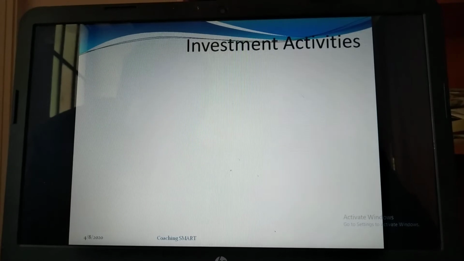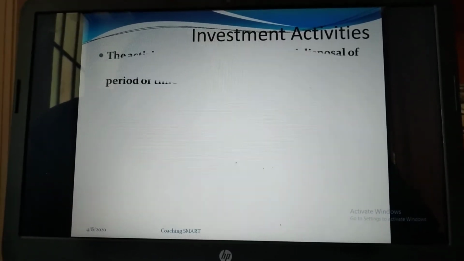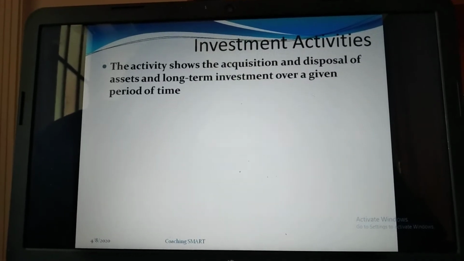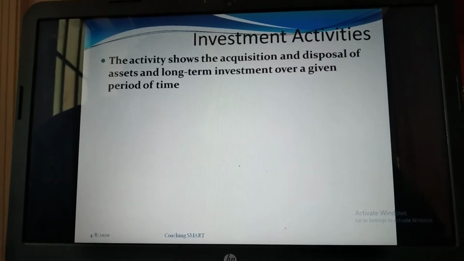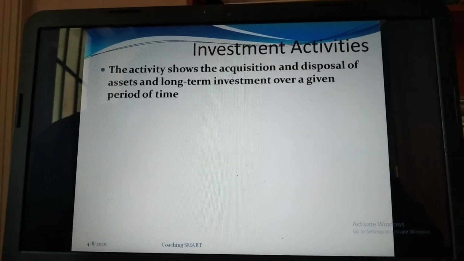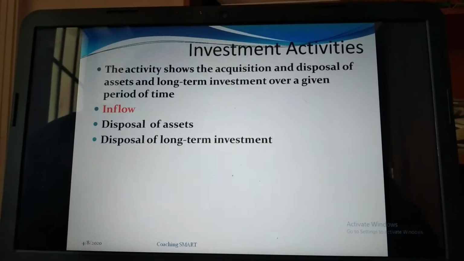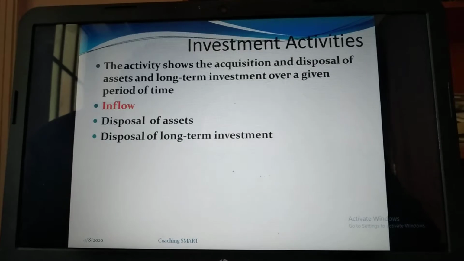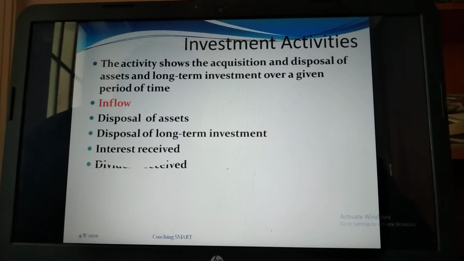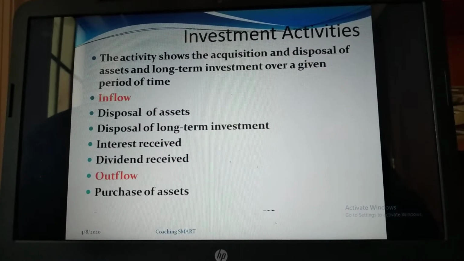Investment activities. Now, what do you mean by investment activities? The activities show the acquisition and disposal of assets and long-term investment over a given period of time. Now, what causes inflow? Disposal of assets, disposal of long-term investment, interest received, dividend received. What causes outflow?